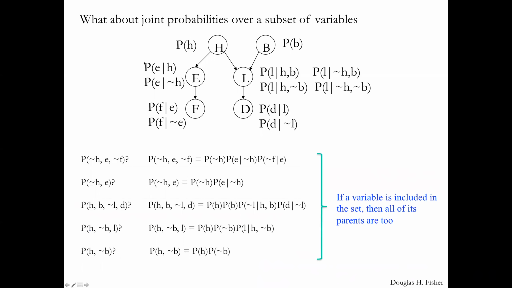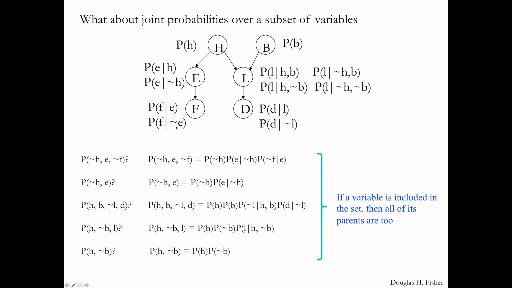Now, what about joint probabilities over a subset of variables? If we're dealing with a subset of variables in which there's a kind of closure, that is, if a variable is involved in the set in the joint probability, like F, then its parent must be as well.